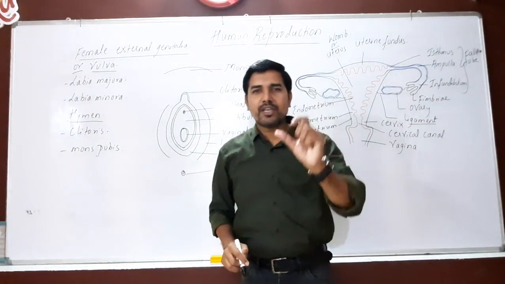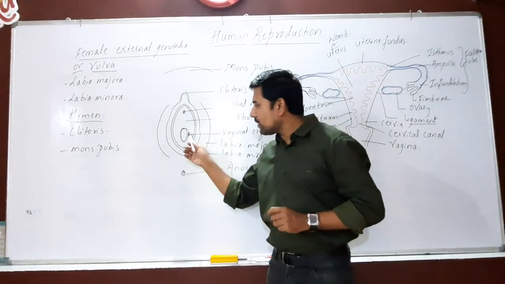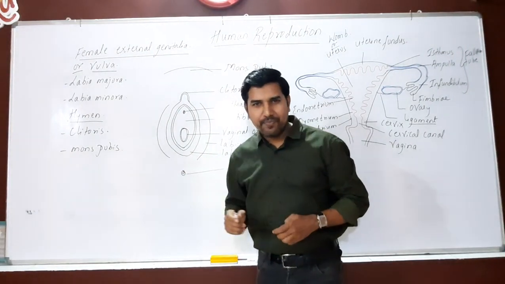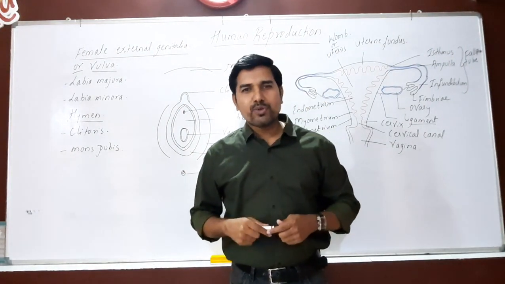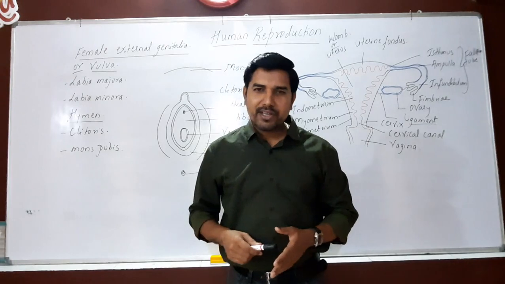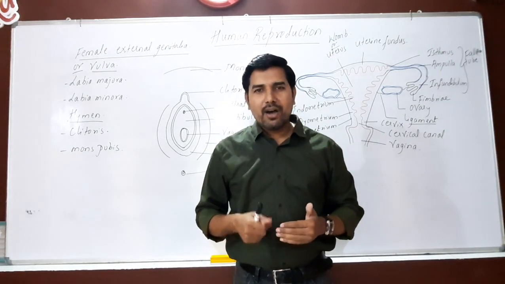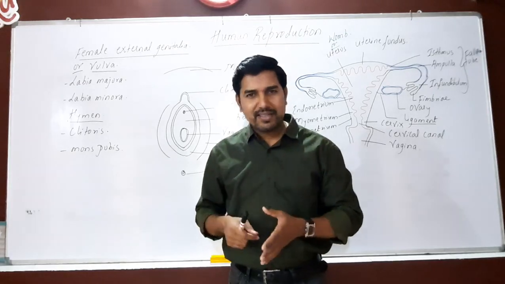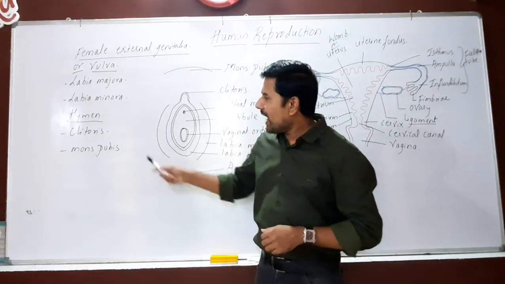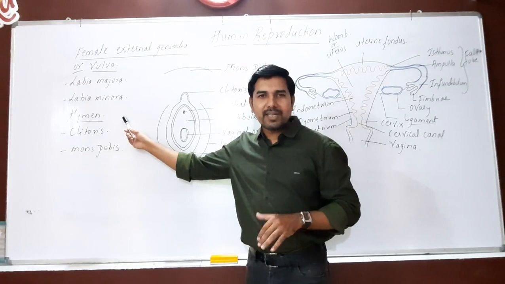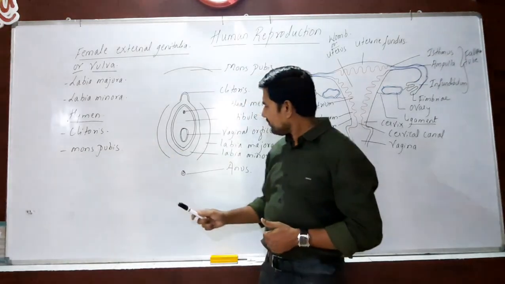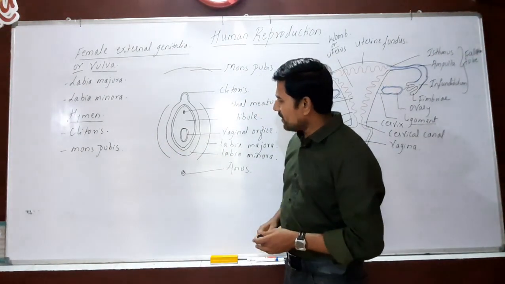So the hymen is a thin membrane which is present at the opening of the vagina, and that hymen is usually torn during the first coitus, or it can be torn by horse riding also, or in a cyclist also. That means the hymen does not give evidence for virginity. So this is regarding the parts.